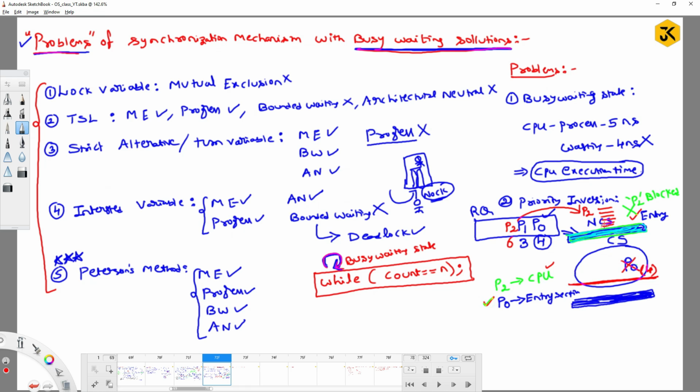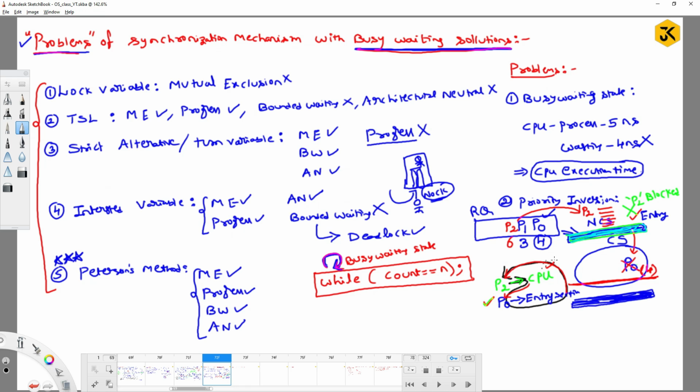If P2 wants to enter the critical section, it has to satisfy the entry section. But if P0 wants to leave, it needs the CPU. If you look at this structure, it looks like a kind of loop, right? Yes.